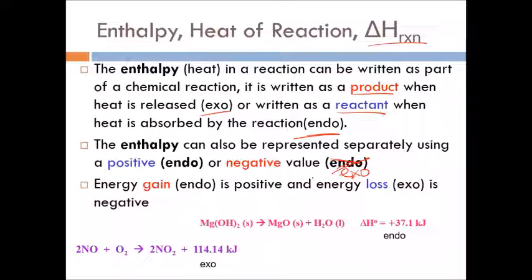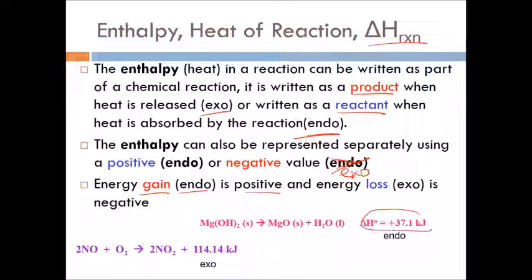So far, we've been just talking about phase changing and warming and cooling things. Now we're going to actually react them. And when we do a reaction, we have bonds breaking, bonds forming, so there is an exchange of energy, and they can be endo and exothermic processes as well. So if you're looking at the example down here, the energy gain endo is positive.